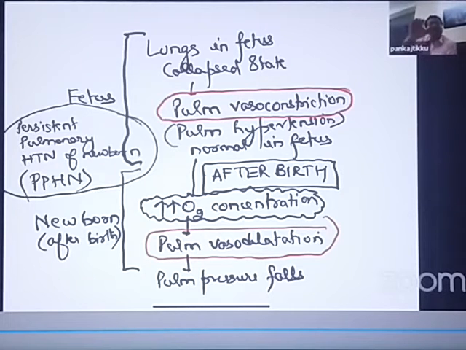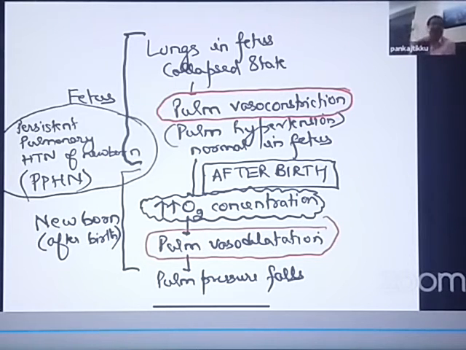So the pulmonary pressures remain very high, and that is why we say persistence of pulmonary hypertension after birth. So therefore, PPHN, persistent pulmonary hypertension of the newborn. And this is the cause of death in the maximum number of cases which present with breathing difficulty after birth.